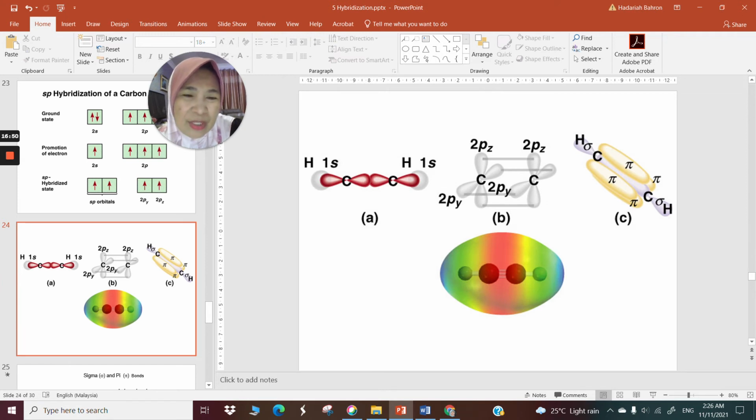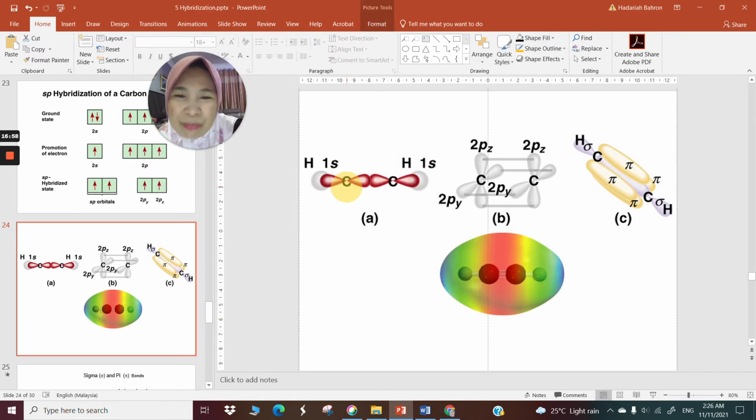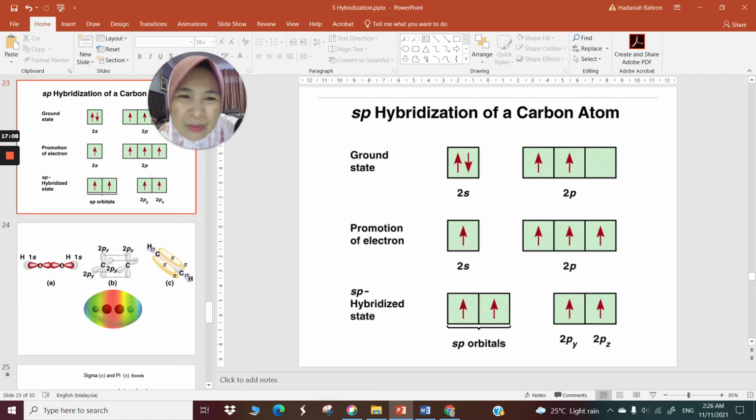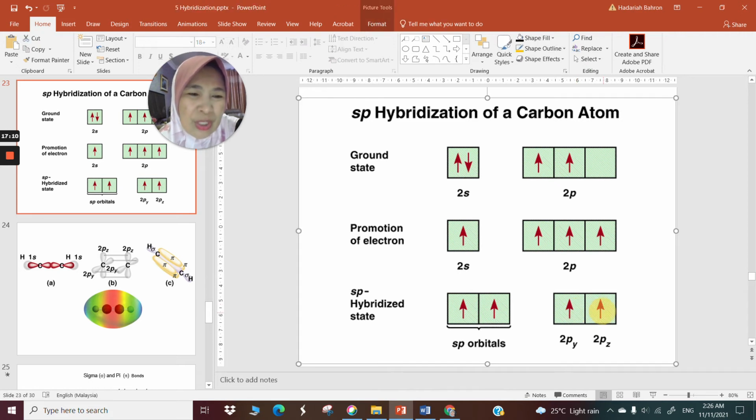This is the introduction to your ethine. Ethine is when you have your sp carbon bonding with another sp carbon. You get a sigma bond between the two carbons. But looking at this, you have one electron each in the unhybridized 2py and 2pz.